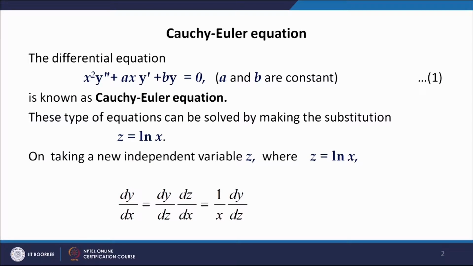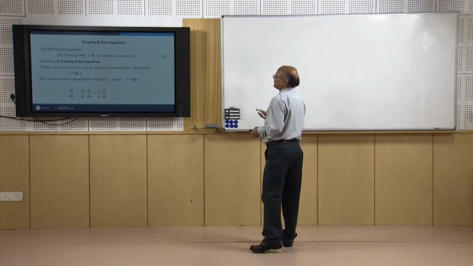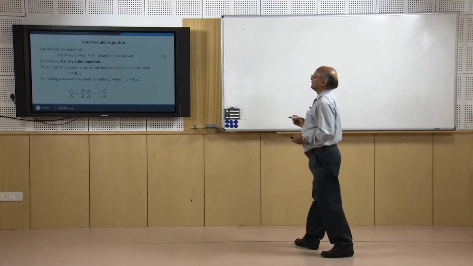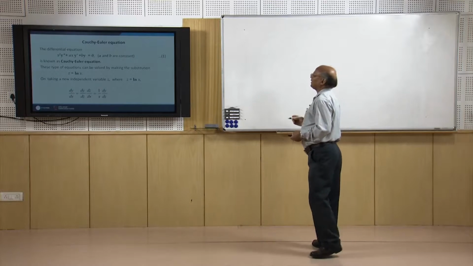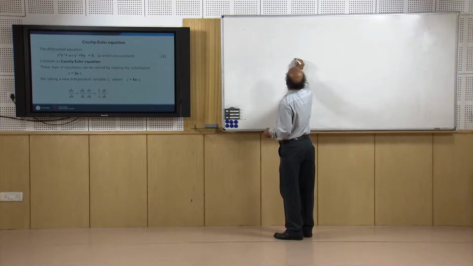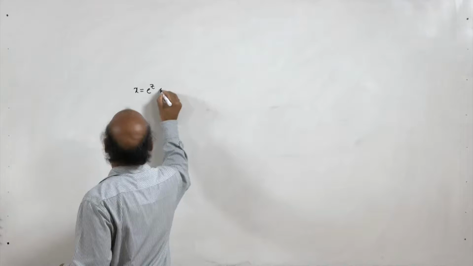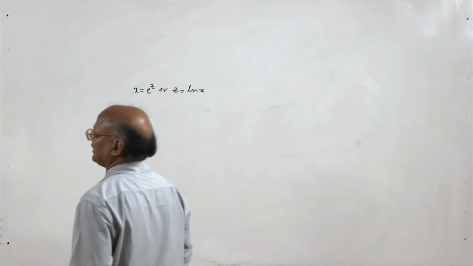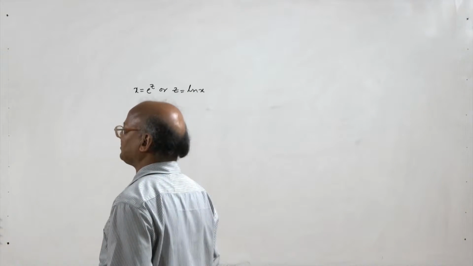So let us put z equal to ln x. We are changing the independent variable from x to z, where z equal to ln x or x equal to e to the power z. Let us find the derivatives of y with respect to x.